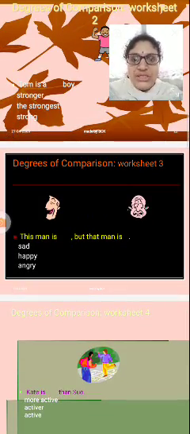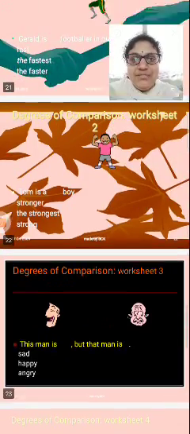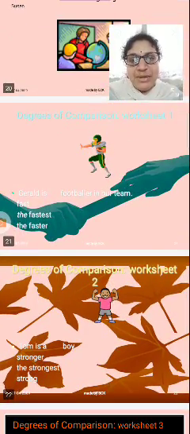So equality. Degrees of comparison, worksheet 3. The man is dash, but the man is dash. The man is happy, but the man is angry. Here I have already shown pictures for you for getting an idea. In the worksheets I have kept the pictures for your understanding.